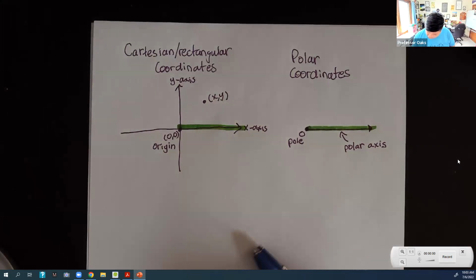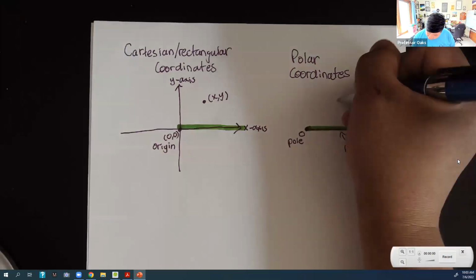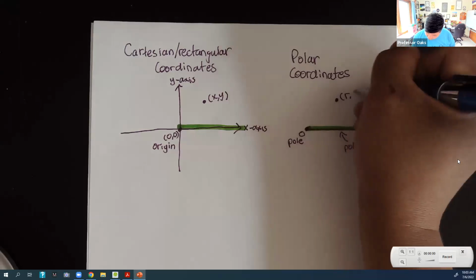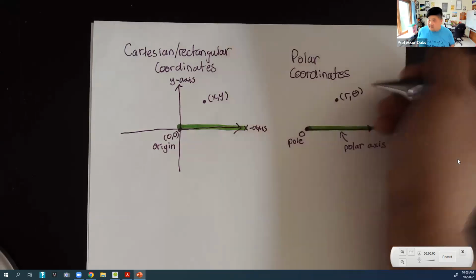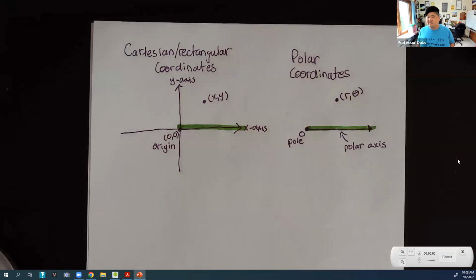And then if you have a point right here, the same point (r, theta), this is a little bit different in terms of how things happen.